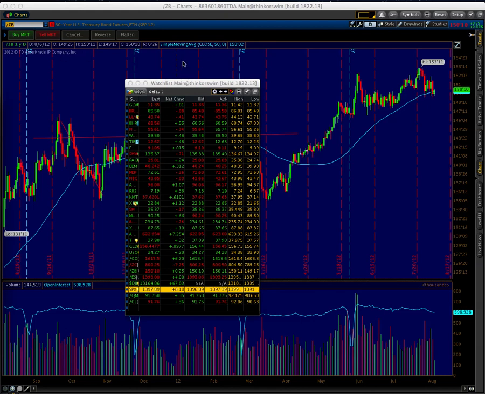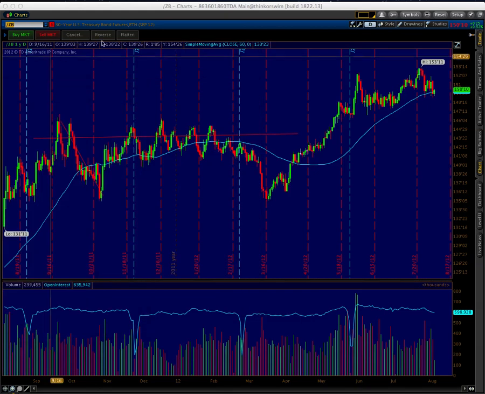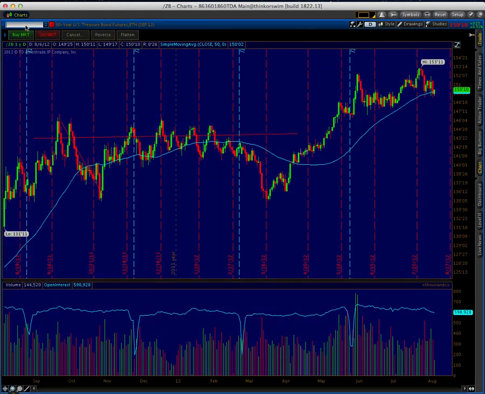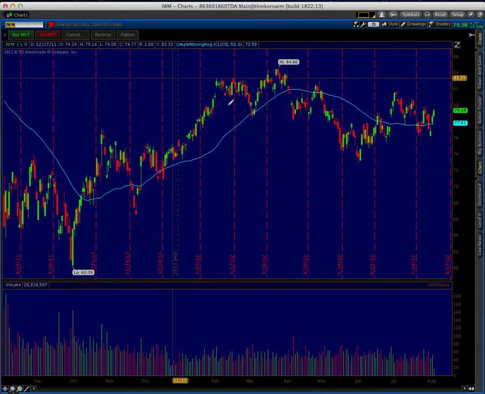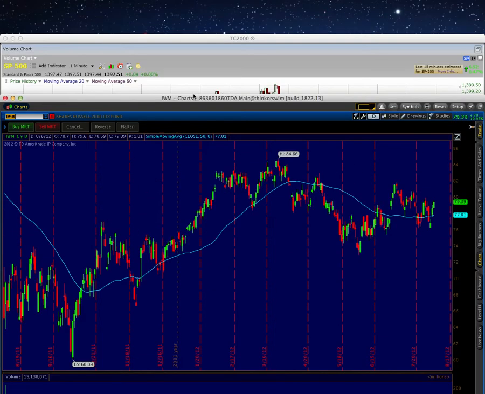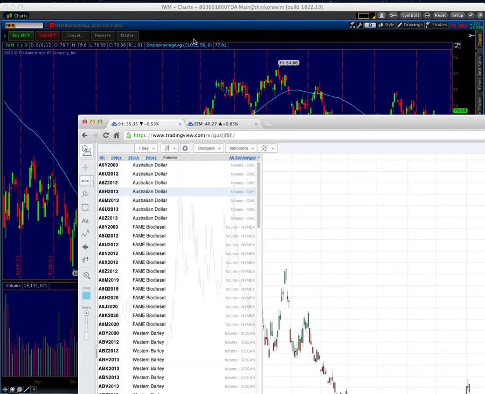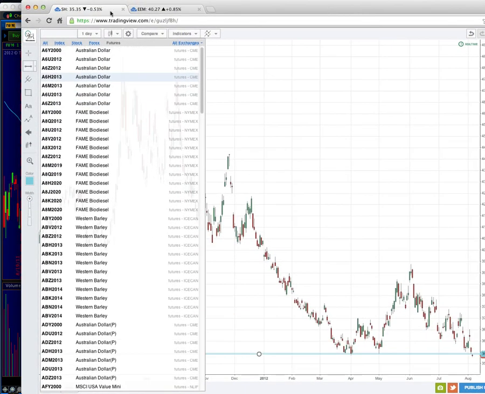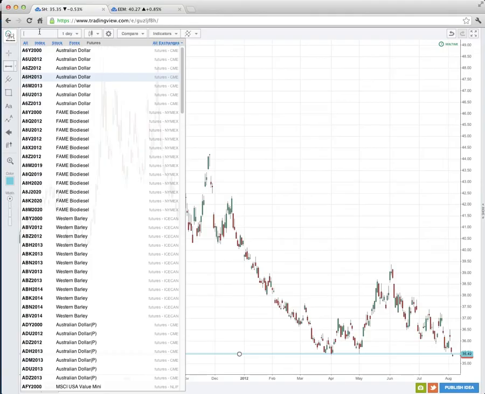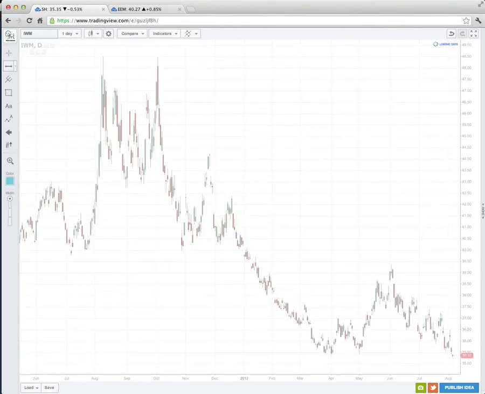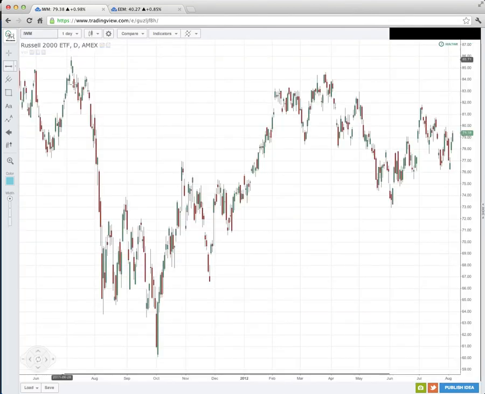Okay, so we need to look at IWM. So this is the Russell, and I should actually bring up TradingView to take a look at the Russell. Sorry about the delay, I couldn't remember what the Russell was.